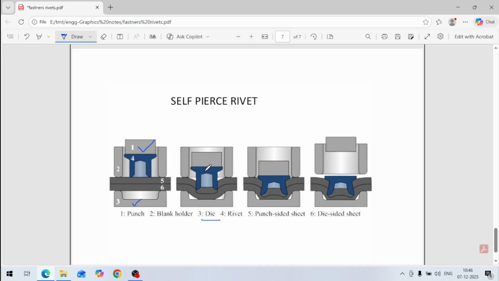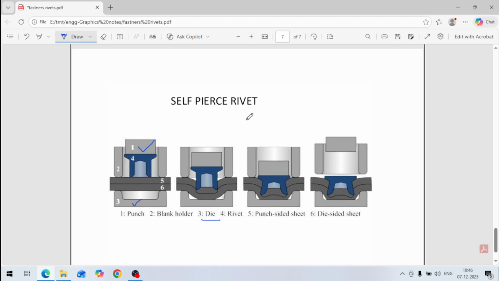So when you press this rivet or hammer it like this, its shape becomes like this in the die, and then it flares up like this.